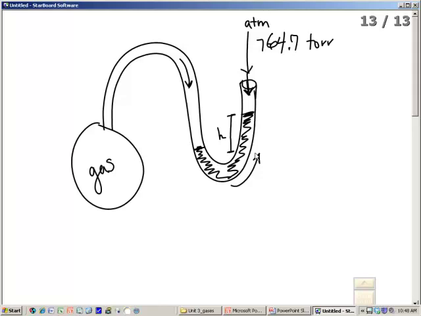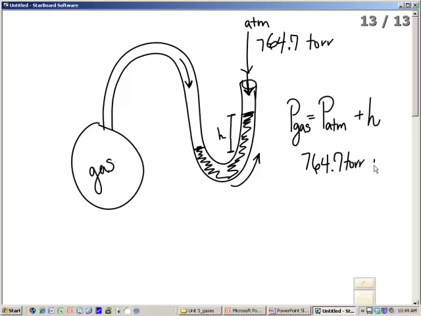Flip it over to page 398. So the pressure of your gas is going to be equal to the pressure of the atmosphere plus whatever the height difference is. So the pressure of the atmosphere was 764.7 torr, which is millimeters of mercury, plus whatever the difference was in your height difference.